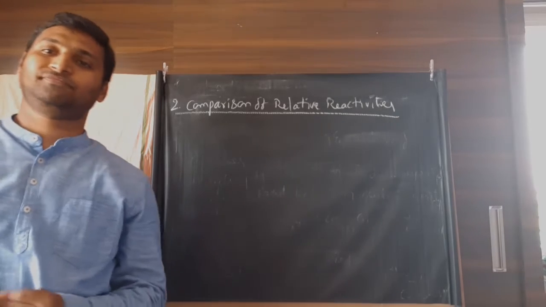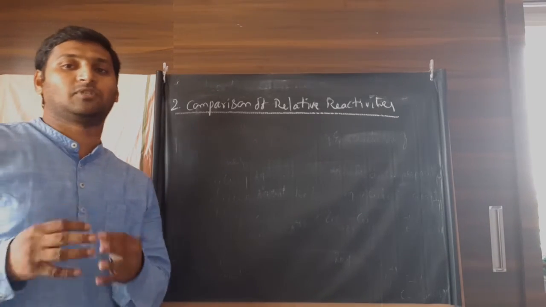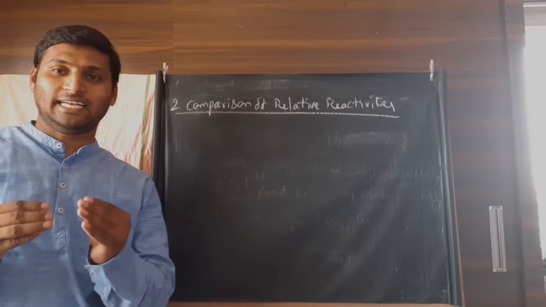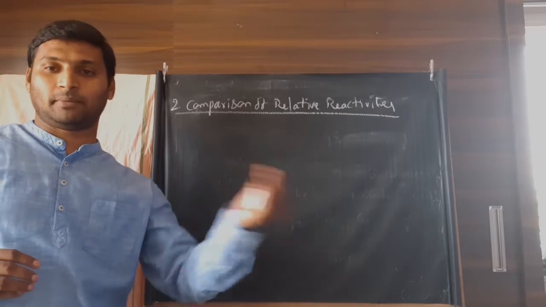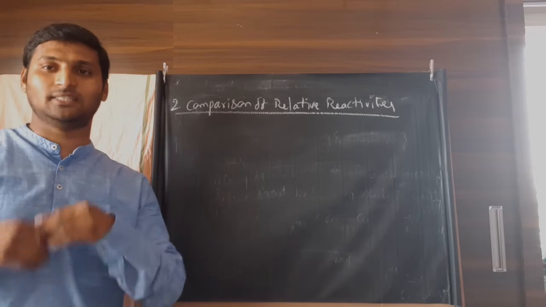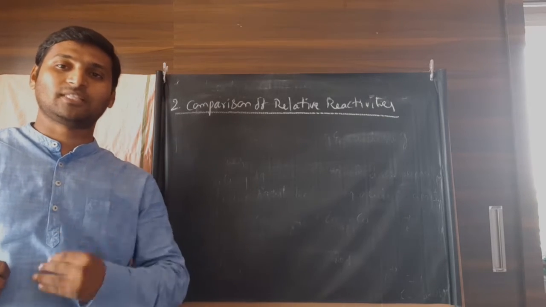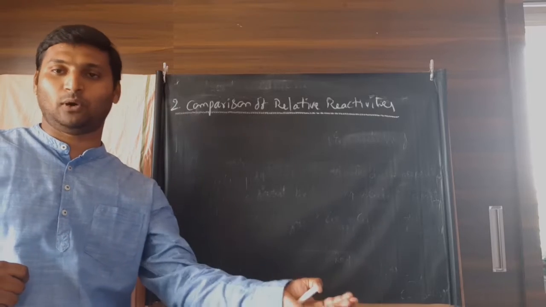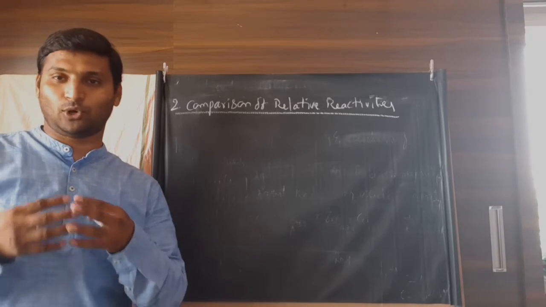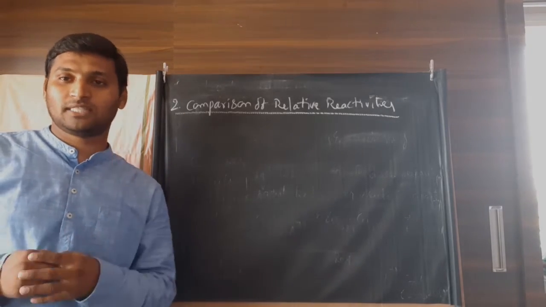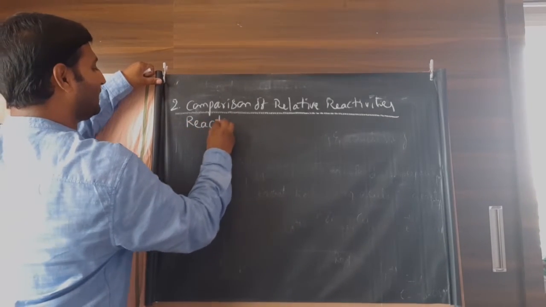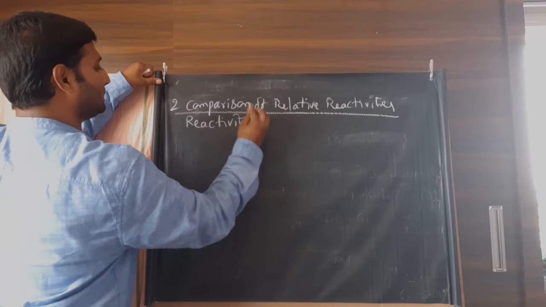Children, first, when do you call a substance more reactive? When the substance readily transforms into some other substance, and in case of elements, if it reacts with some other element and readily transforms into a compound, then you say that element is more reactive. Now comes the question, what is the meaning of reactivity for an element?